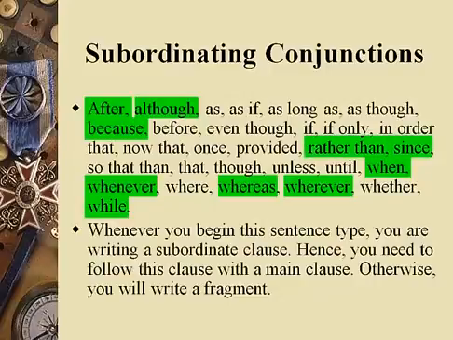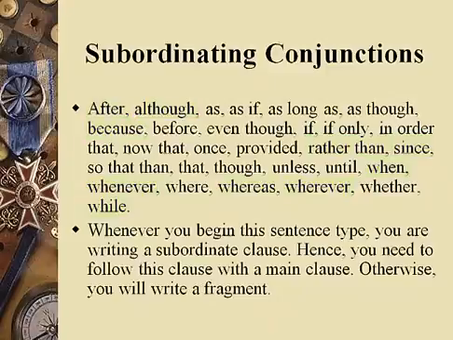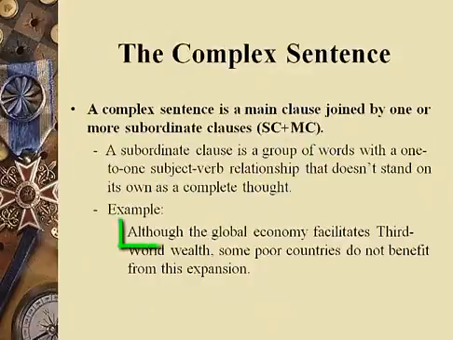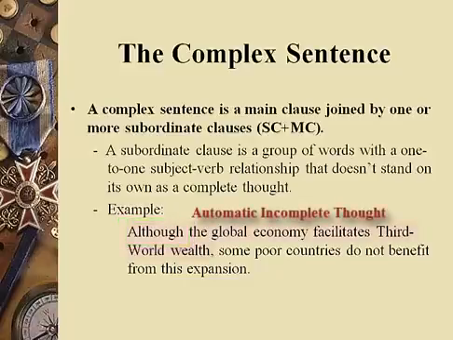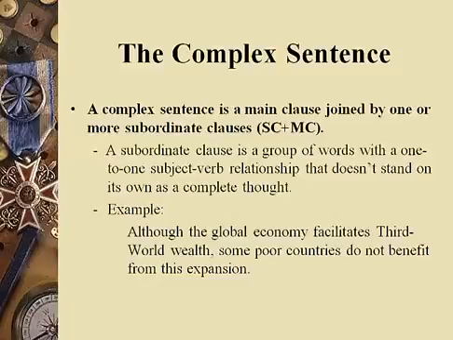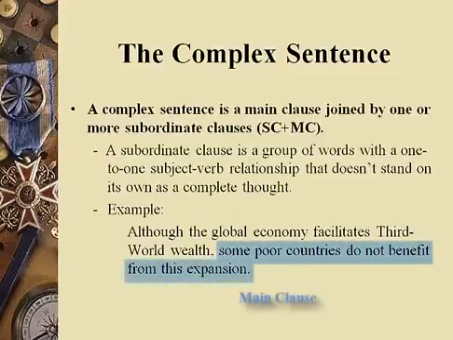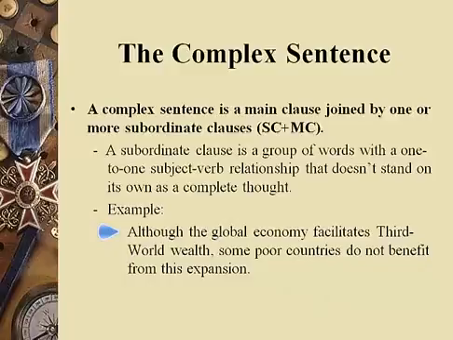These are all examples of subordinating conjunctions. And what ends up happening is that when you start a sentence with a subordinating conjunction, you have an incomplete thought automatically. And that means that you have to add another clause, aka a main clause, to that subordinate conjunction in order to create a complete thought. So the example we have here is, although the global economy facilitates third world wealth, comma, some poor countries do not benefit from this expansion.